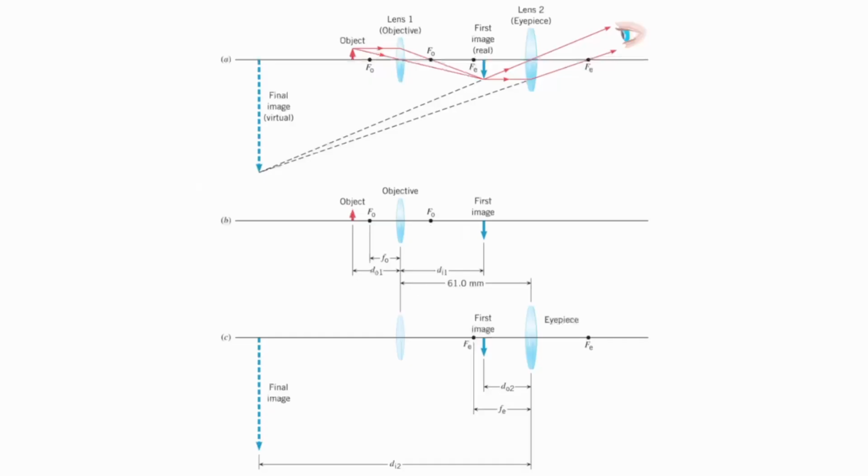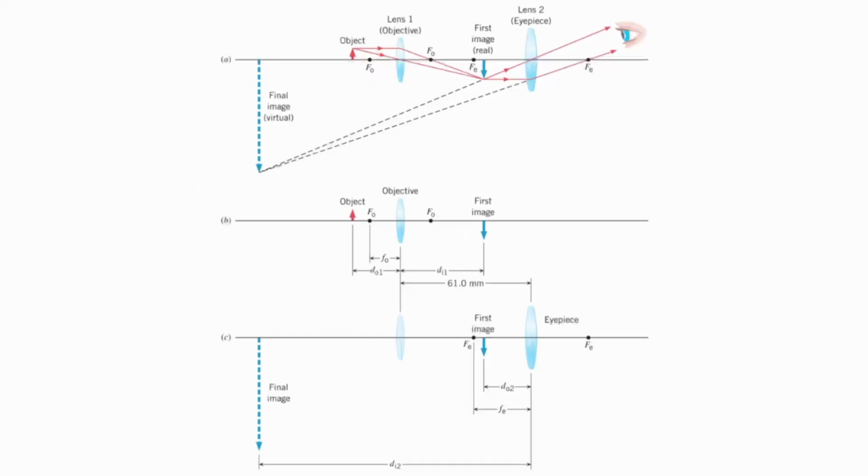For eyeglasses and contact lenses, we very much have to take into account the lens that's in your eye, and we'll talk about how to deal with that. But the terminology is objective lens, the lens closest to the object, and eyepiece, the lens that's closest to your eye. These are different pictures of the same thing.